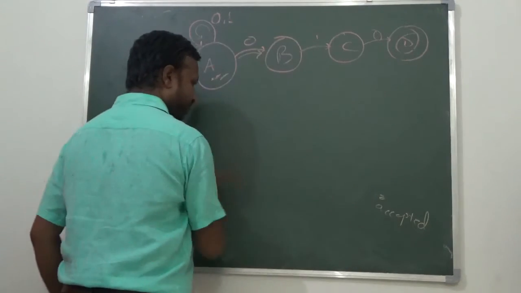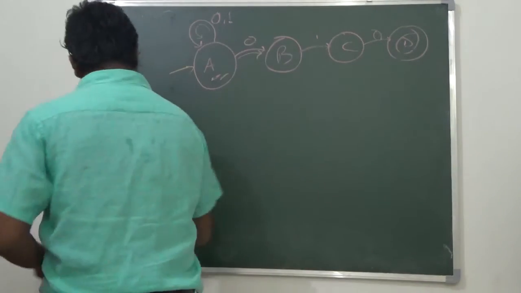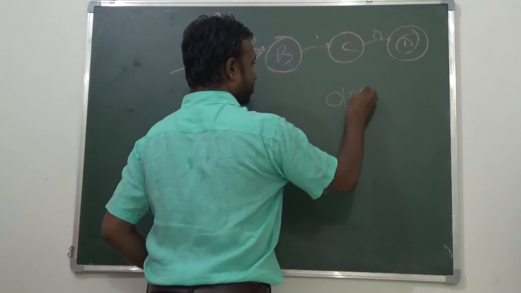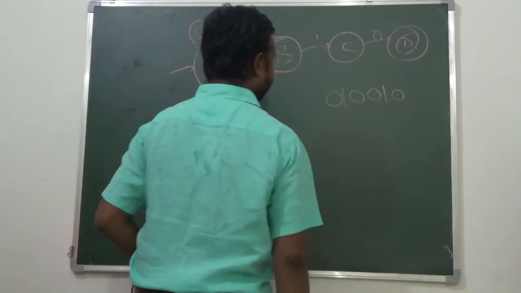Now, what we have figured out is that a string like 0 1 0 0 1 0 is accepted.